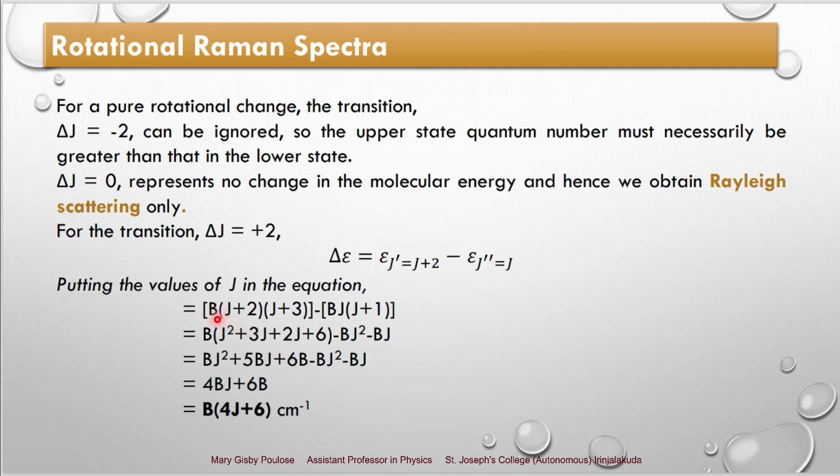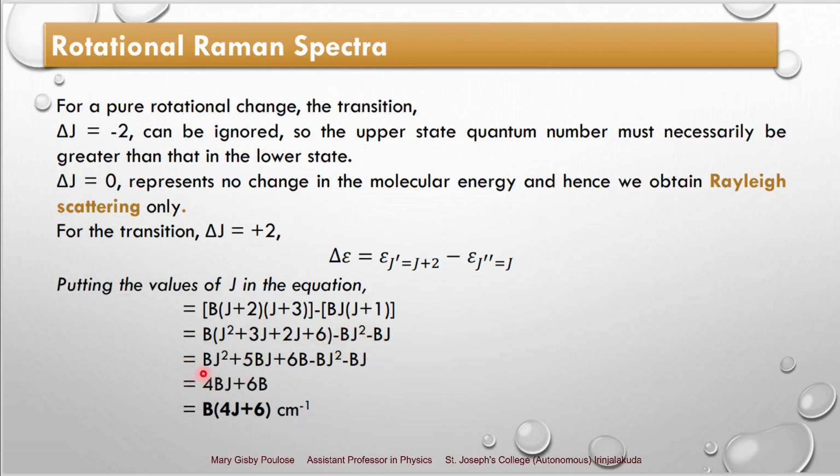So I get the value of epsilon for the upper level as B into J plus 2 into J plus 2 plus 1, that is J plus 3. This is the energy of the upper level minus B into J into J plus 1. Now taking the products, this is written as B into J square plus 3J plus 2J plus 6 minus BJ square minus BJ.